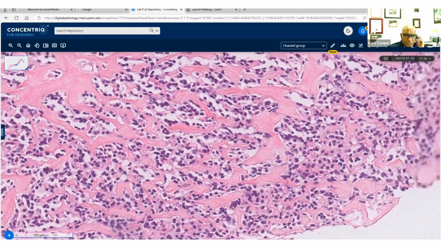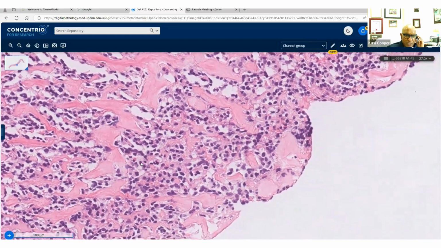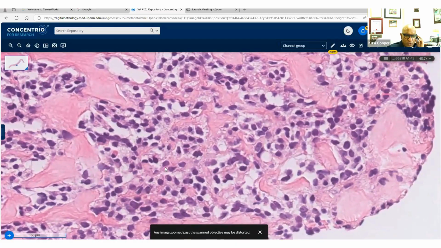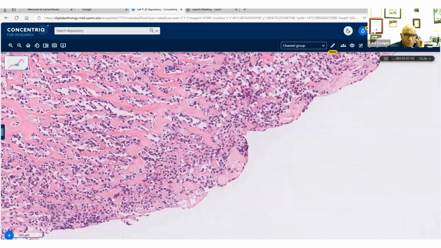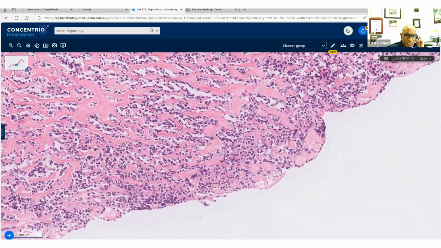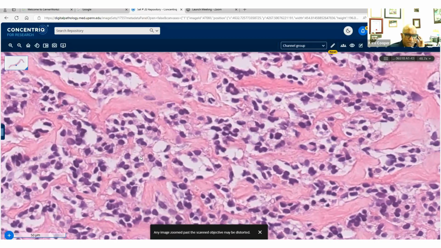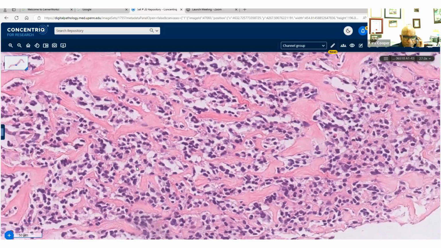The other tumor, although not in this differential, that I also give thought to is inflammatory myofibroblastic tumor, which I did not give consideration here because the cells are more round and there's no inflammatory component.